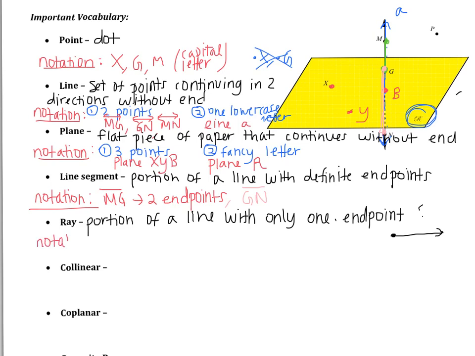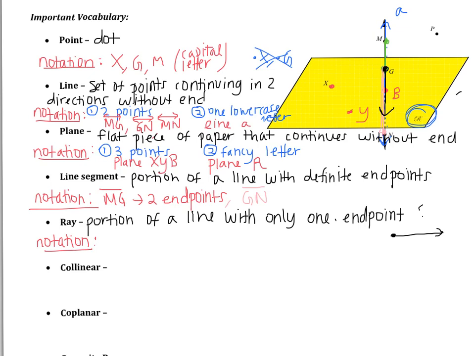So notation for a ray. I'm going to highlight it in black. So if we look at the ray that starts at G and continues in this direction.